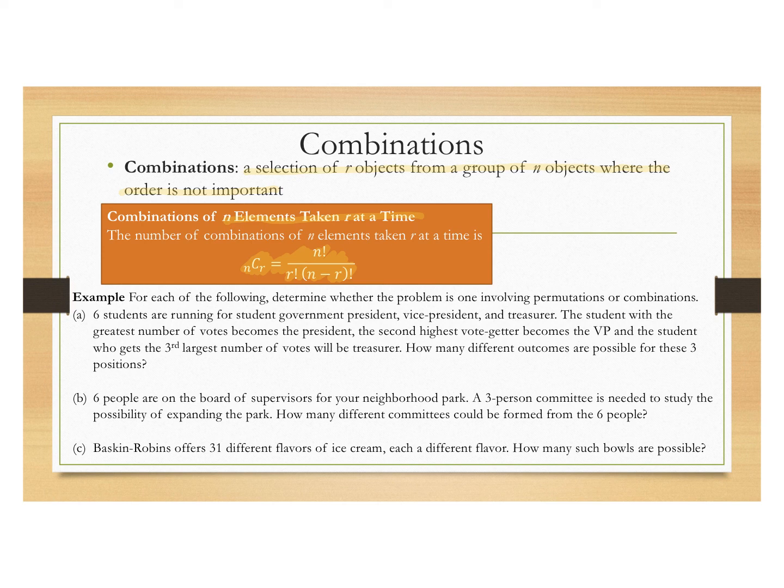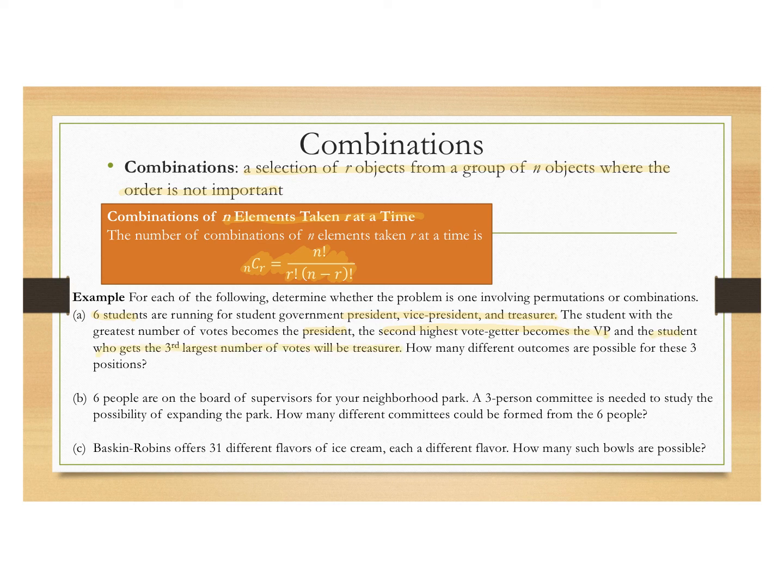notice that for each of the following, we are going to determine whether the problem is involving permutations, combinations, or neither. So we have 6 students running for student government, president, vice president, and treasurer. The student with the greatest number of votes becomes president, the second highest gets vice president, and the student who gets the third largest will be the treasurer.